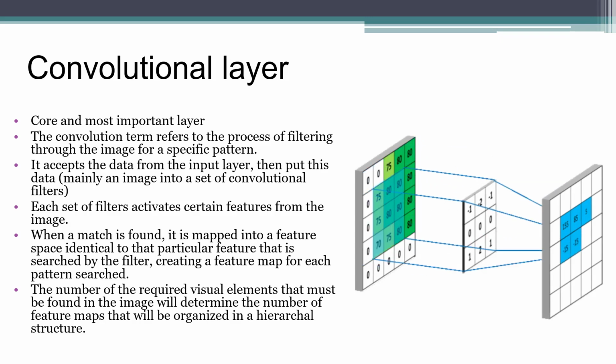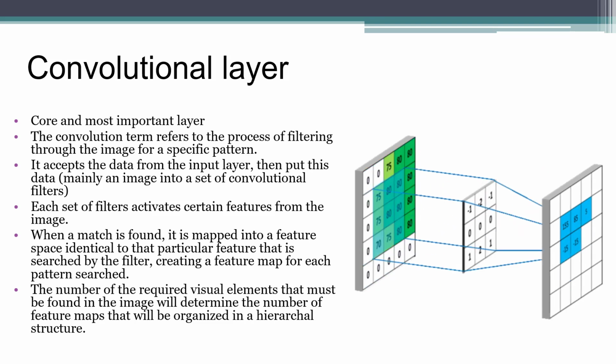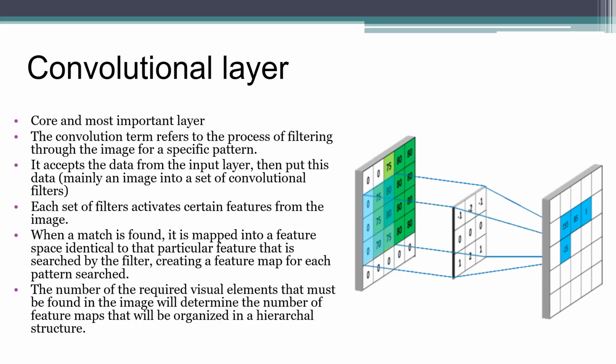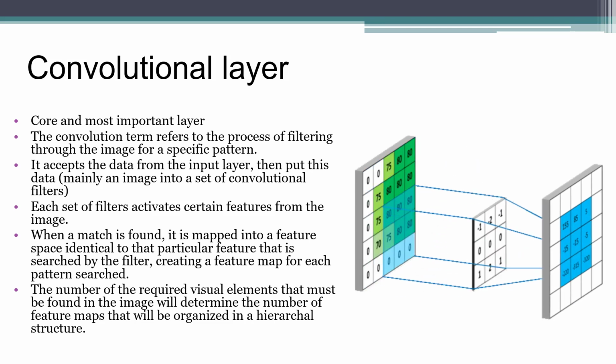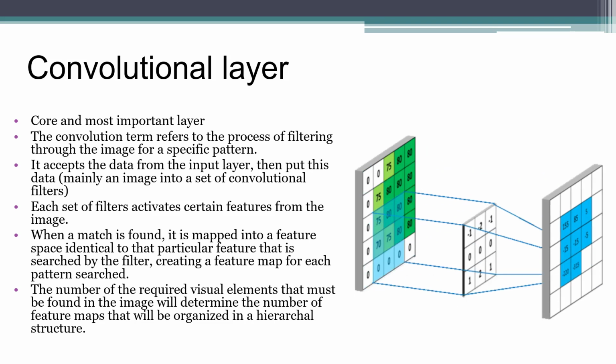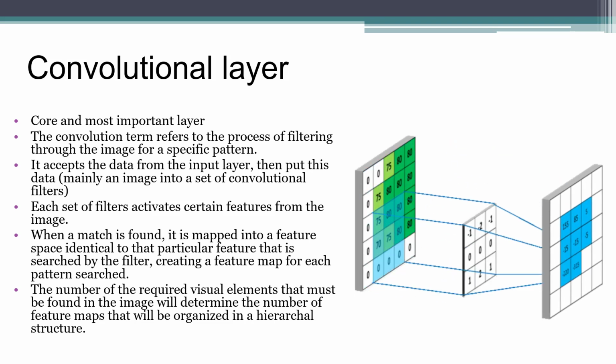The convolutional layer is the core and the most important layer of CNN. The convolutional term refers to the process of filtering through the image for a specific pattern. It accepts the data from the input layer, then puts this data, which is mainly an image, into a set of convolutional filters.